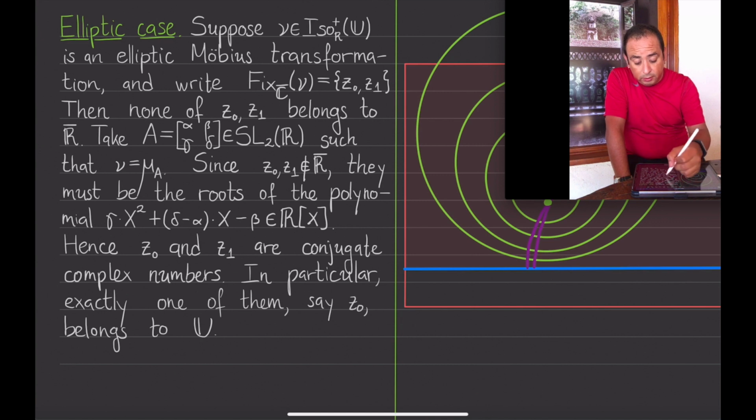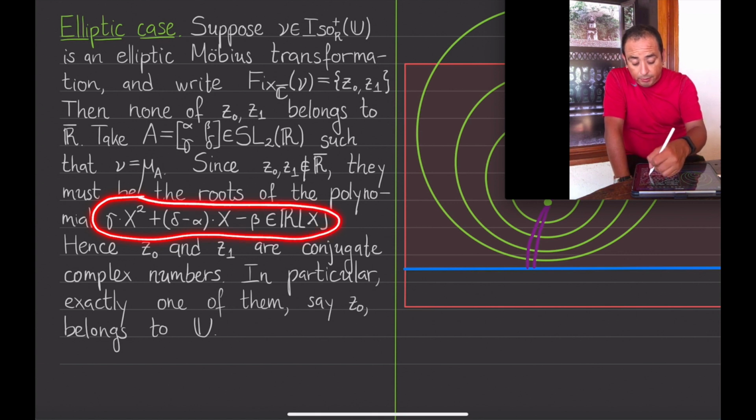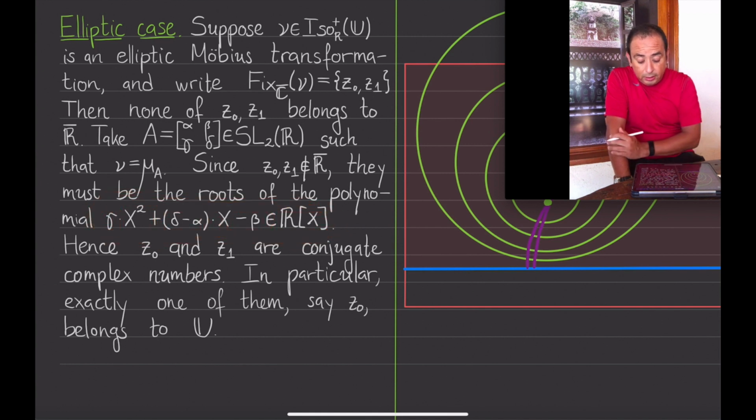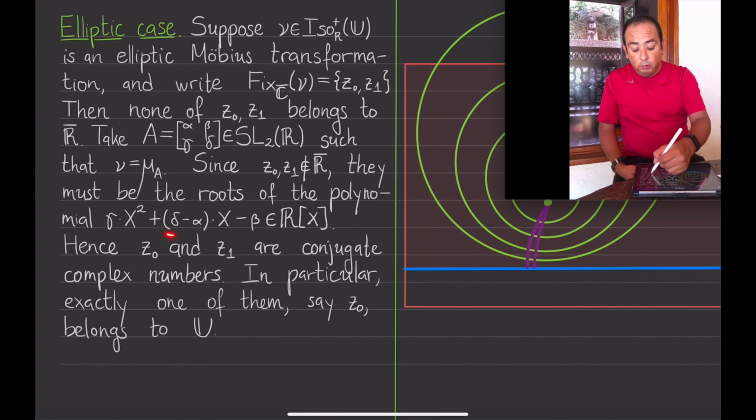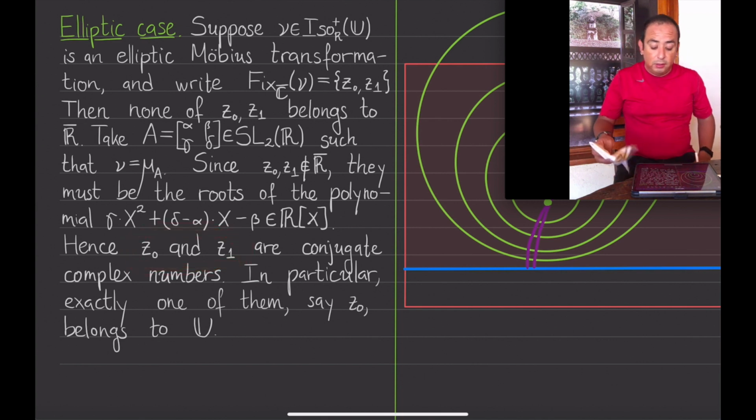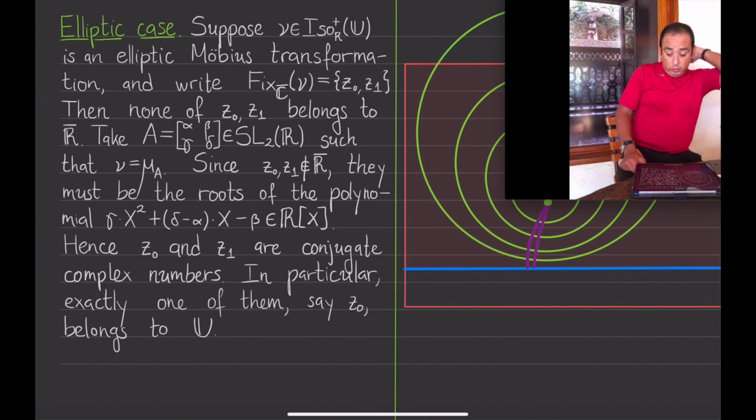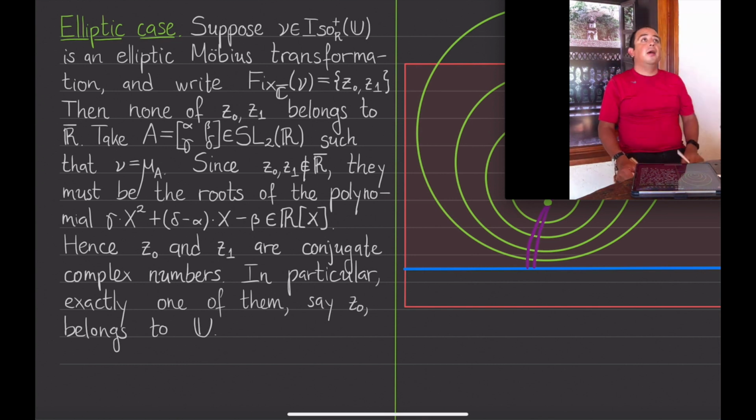Because these don't belong to R bar. So this is a degree 2 polynomial with real entries. Hence, its roots are 2 conjugate complex numbers. So now I know that Z1 and Z0 are conjugate complex numbers. In particular, one of them lies in U and the other one lies in minus U.